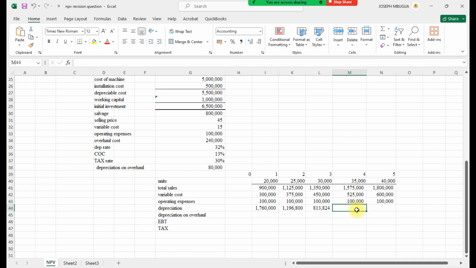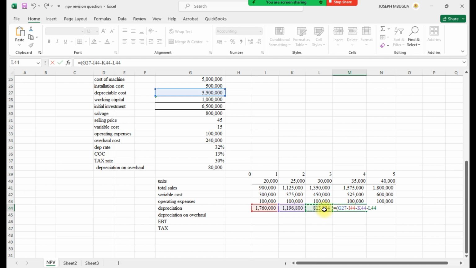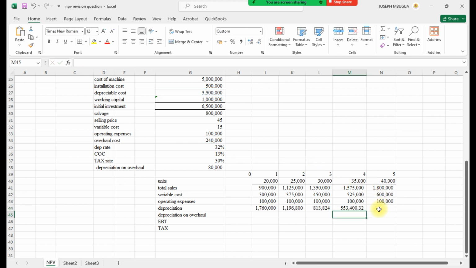You do the same for year 4. You take our depreciable cost minus depreciation year 1, year 2 and year 3, and you multiply by the rate of depreciation, which is 32.